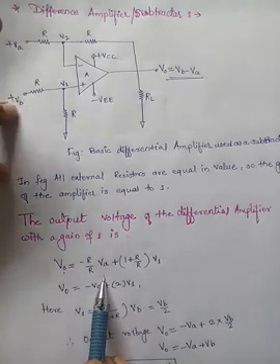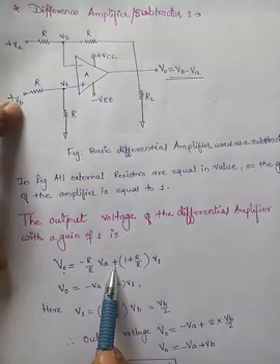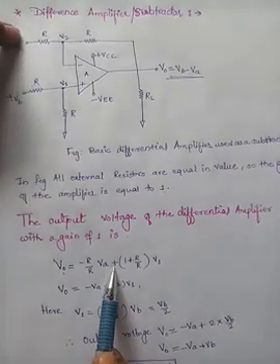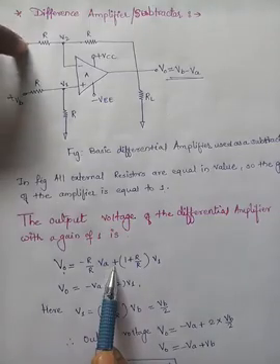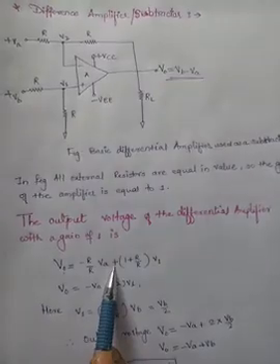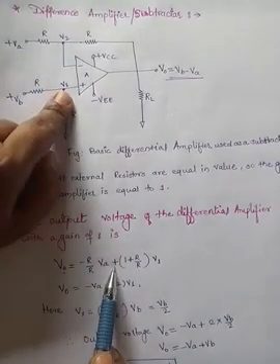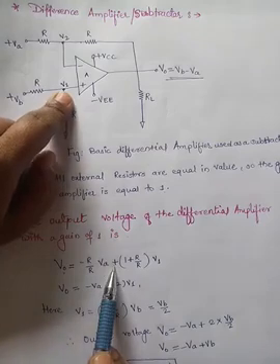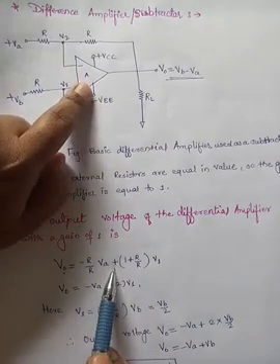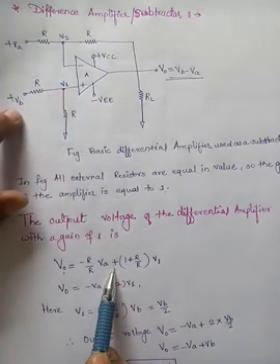Now consider VB is present, and by the superposition theorem add this voltage also. When VB is present and VA is equal to 0, this terminal is at ground potential. Input is given to the non-inverting input terminal, and that input voltage is V1. So now the operational amplifier is in non-inverting configuration, with V1 as input voltage, not directly VB.